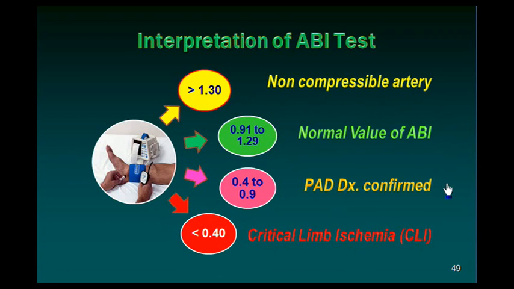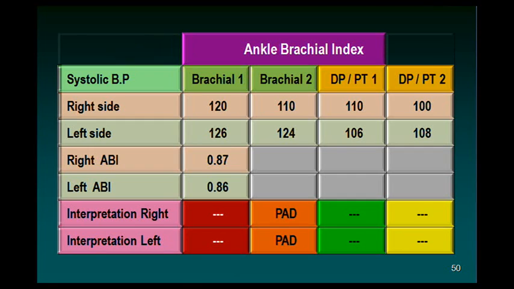If it is less than 0.9, is it between 0.9 and 0.4, when PAD is confirmed, or is it below 0.4? If it is below 0.4, it signifies critical limb ischemia. Immediately the patient should be submitted for intense vascular investigation to save the limb in critical limb ischemia.